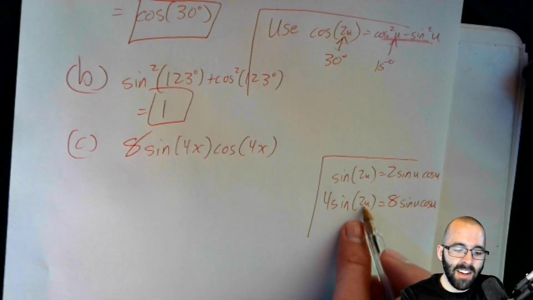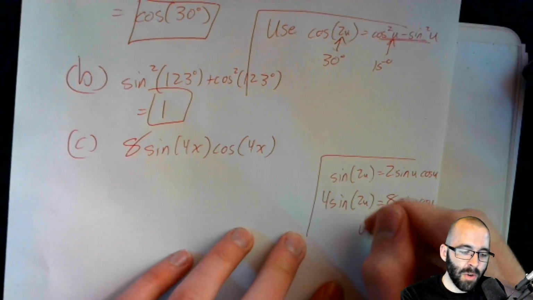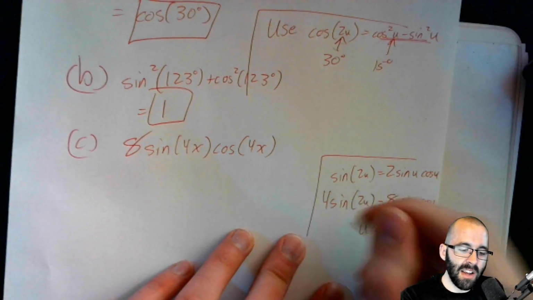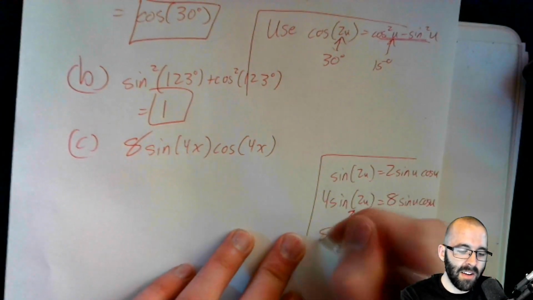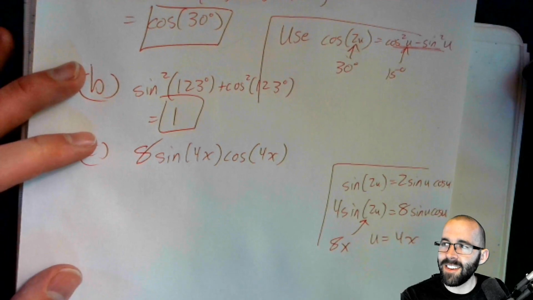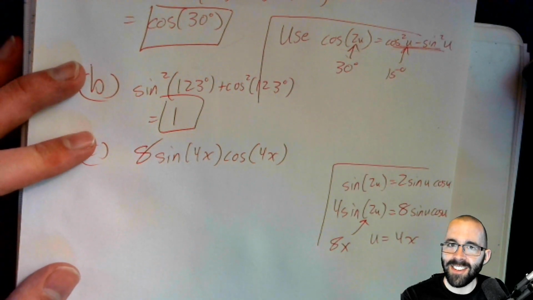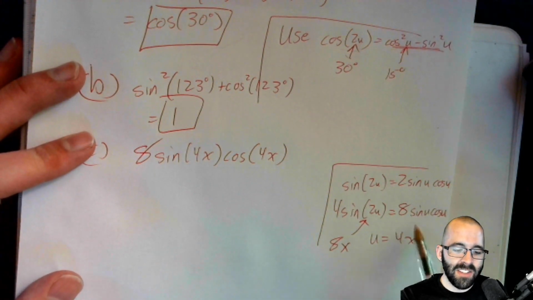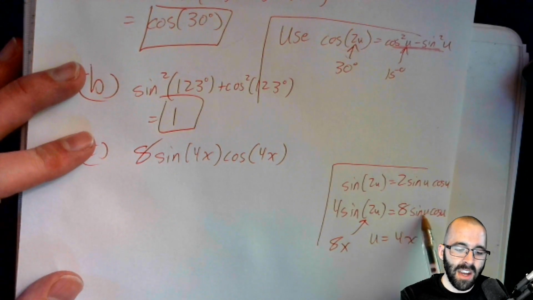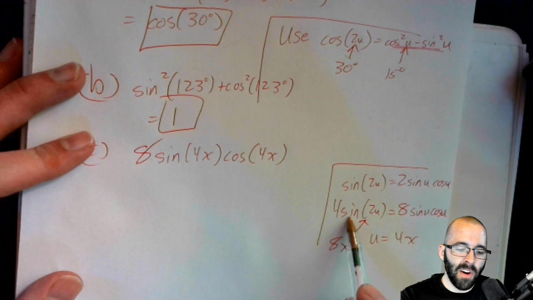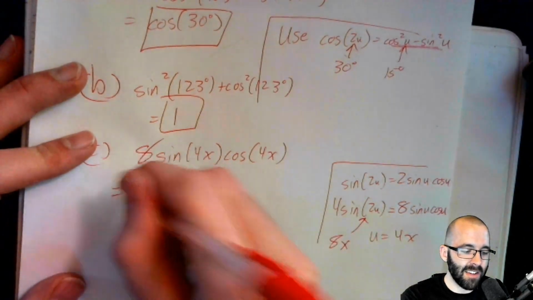And on the left-hand side, it's double that. So, right, if u is 4x, then what is our left-hand side? It's going to be double that, which is 8x. And watch this. You ready for this? We just said that 8 times the sine of 4x times the cosine of 4x is equal to 4 times the sine of 8x.